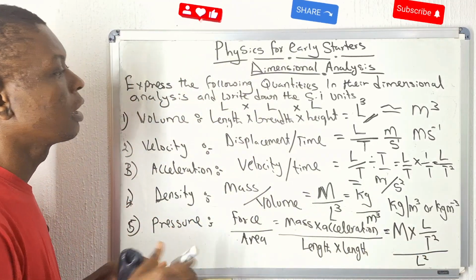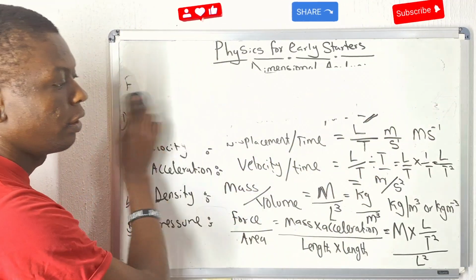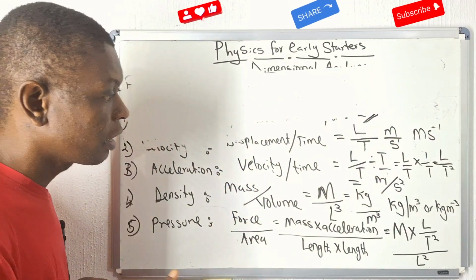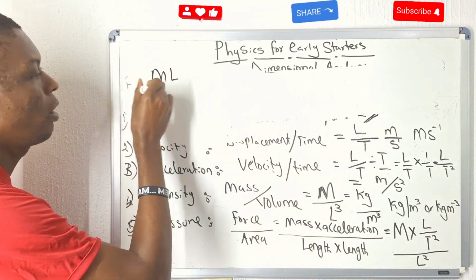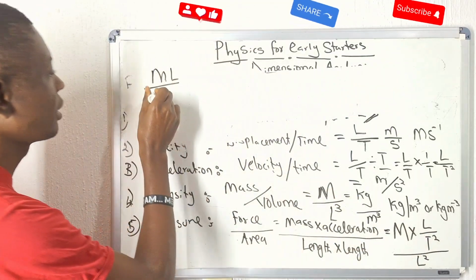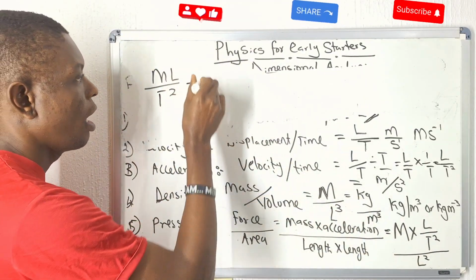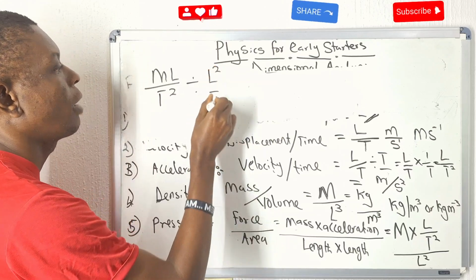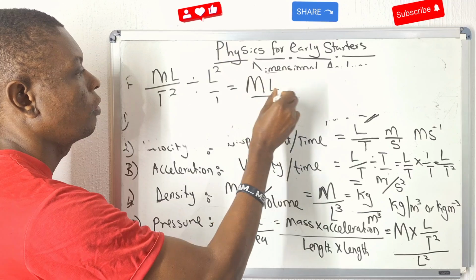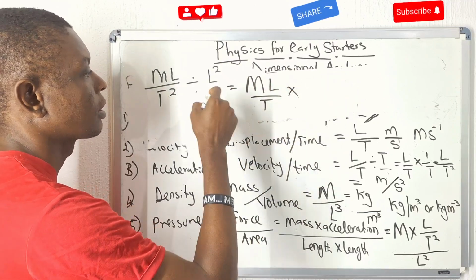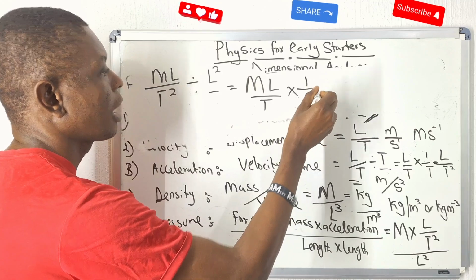I hope you can see this. So, let me clean the top here. Now, analyzing this more, this becomes M times L, M L over T squared. Now, divided by L squared over 1. Mathematics will say that this becomes M L over T squared, we put 1 up here and bring L squared down.